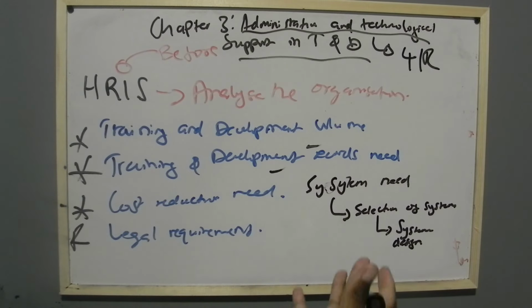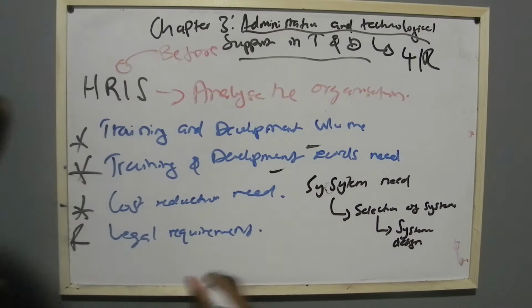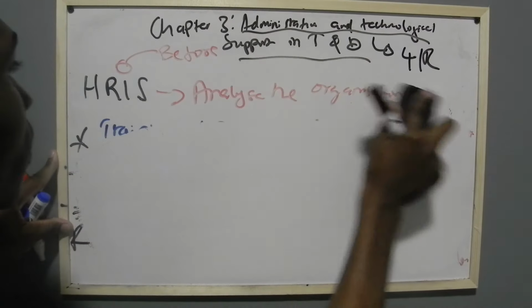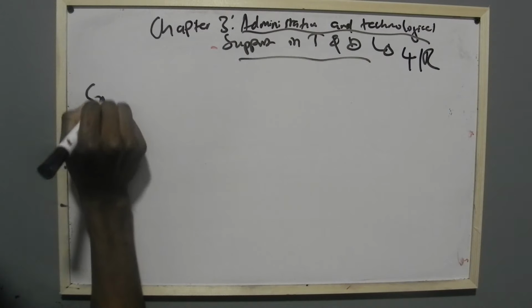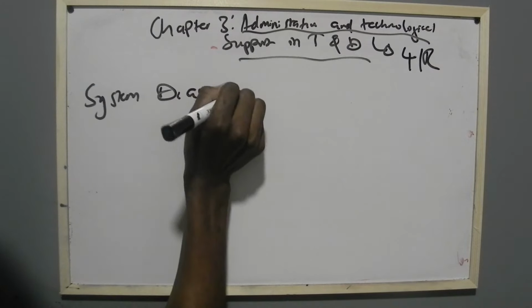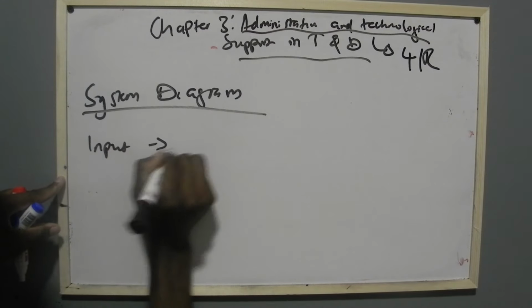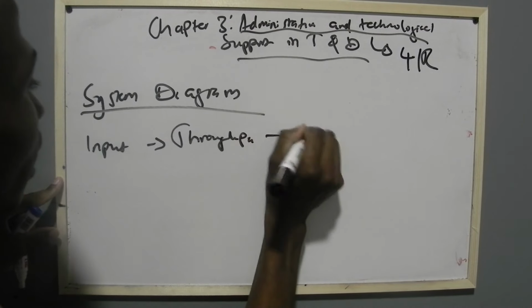In our system diagram, we have something that is called the input, the throughput, and then the output.